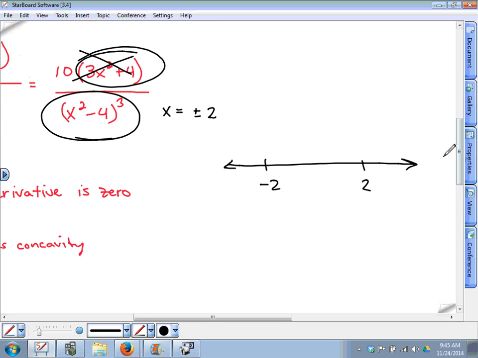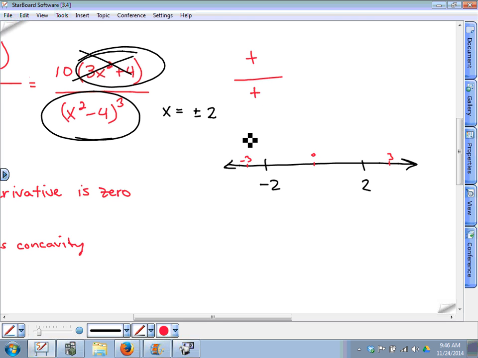So, let's test some test numbers here. We're going to do -3, 0, and +3. Didn't we already say the numerator is always positive regardless? Numerator is always positive. Doesn't matter what x is. Now, if x is -3 in the denominator, -3 squared is 9. 9 minus 4 is 5 cubed.